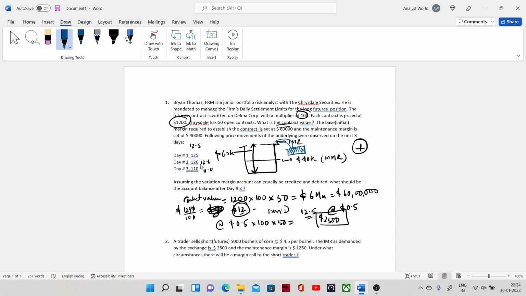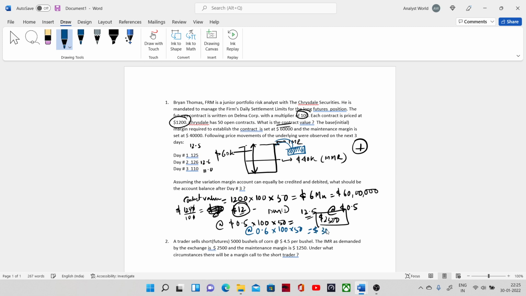The day after that, it now becomes 12.6. So again, on this particular day, the long is winning. So now the long is going to be credited 0.6 into 100 into 50, which comes out to be $3,000.